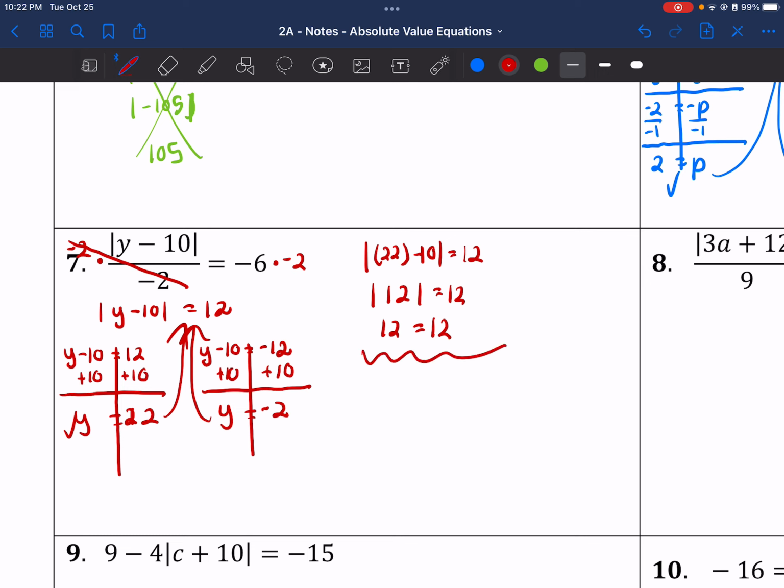Now I'm going to do the same thing, but with y equals -2, I get absolute value of -2 minus 10. -2 minus 10 is equal to -12. And the absolute value of -12 is just 12. So I get 12 is equal to 12. So y equals -2 also works.